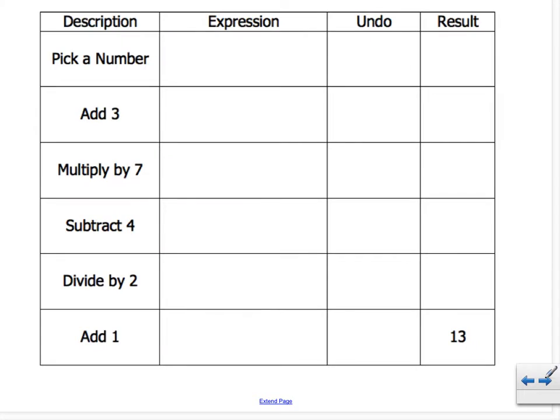Well, let's check out this table here. This table is going to help us to figure it out. So it says to pick a number. If we follow those steps, what we call our number x, we can then build an expression. So we're going to add 3. We're going to multiply by 7.